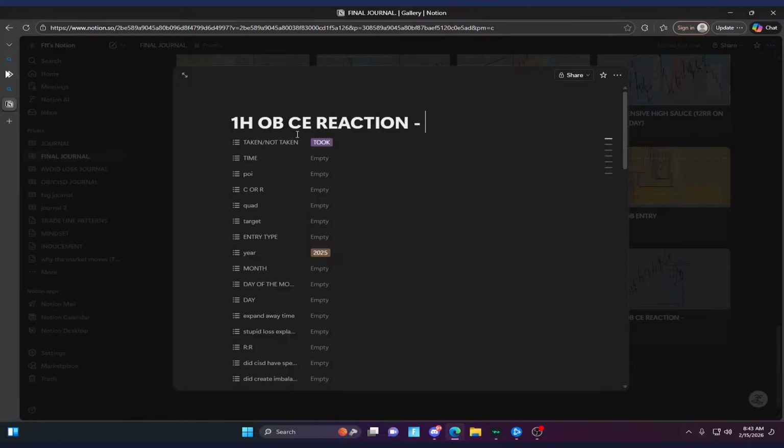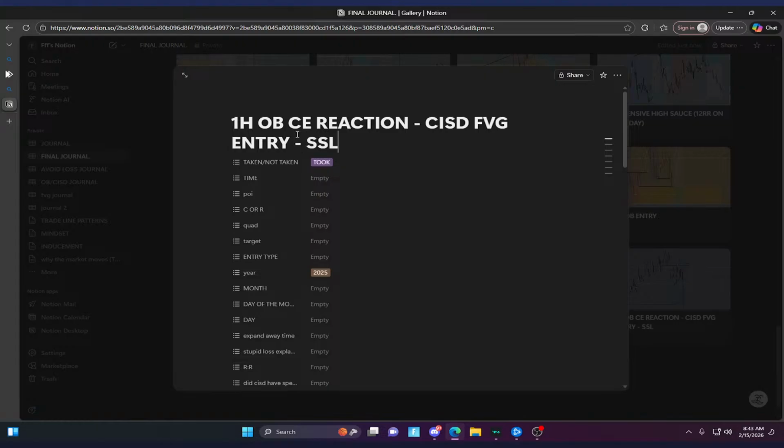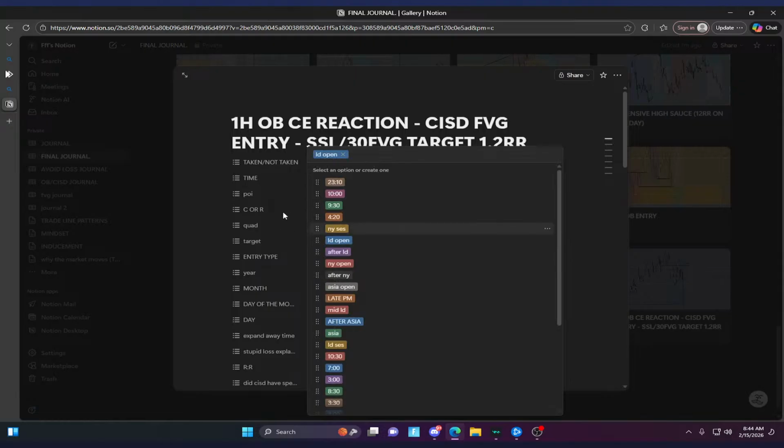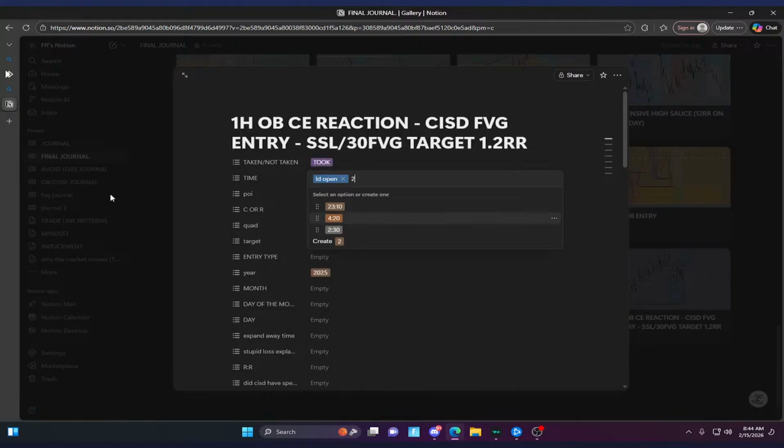And then you do CISD, FEG, entry, and then sell liquidity, 30-minute FEG target, and then 1.2 R. Time: London open, 2 o'clock. Was that 2:30?